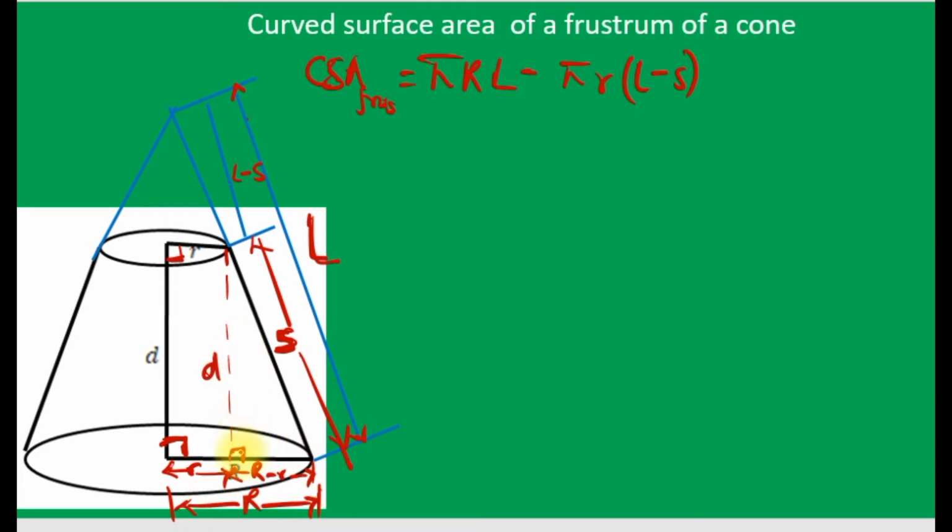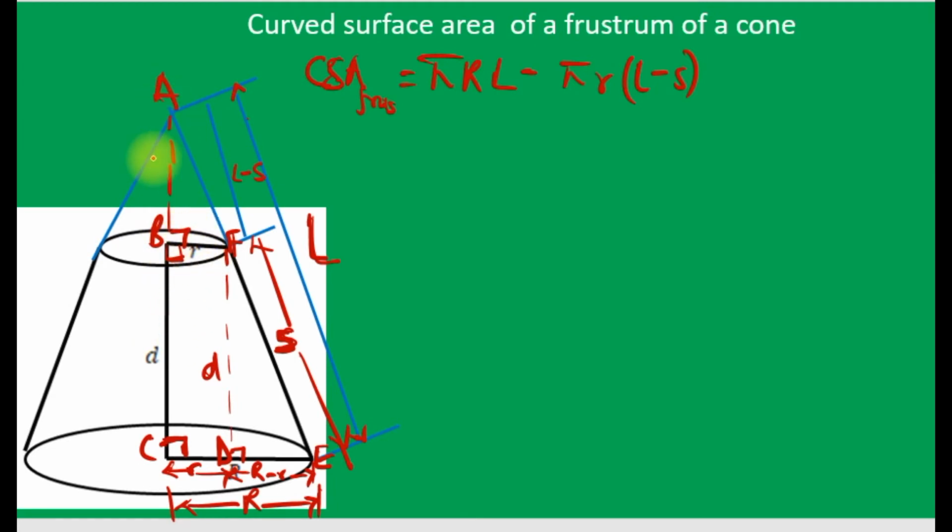So we'll form a right angle triangle. We're going to compare this small triangle with the big one. Let's complete this. Let's call the points A, B, C, D, E, and F. So we have three similar triangles here.